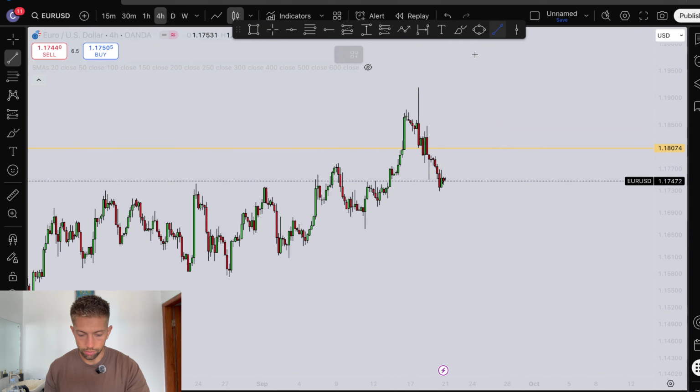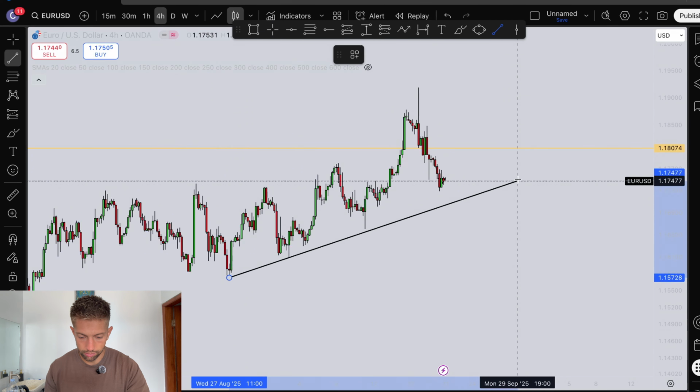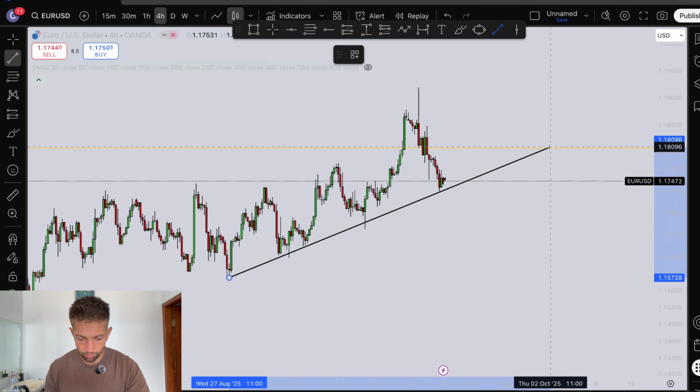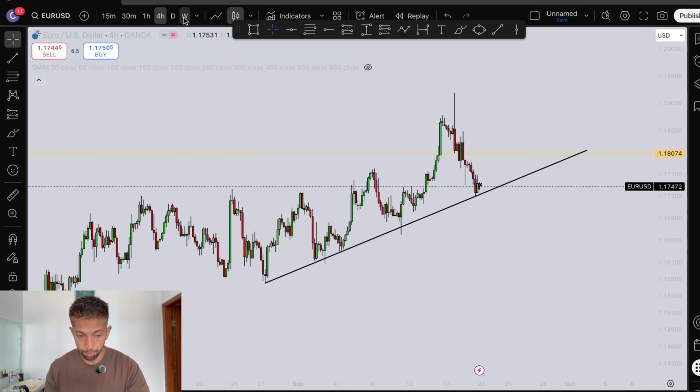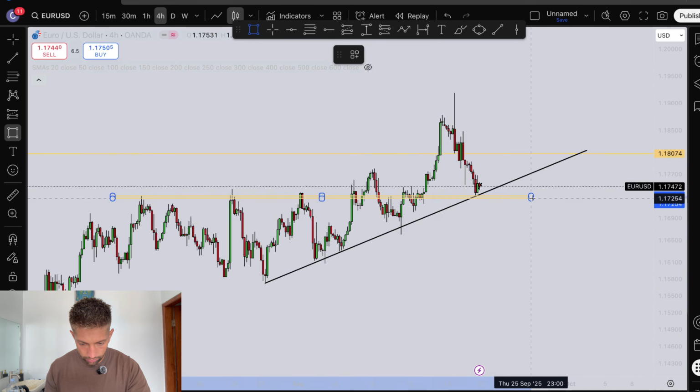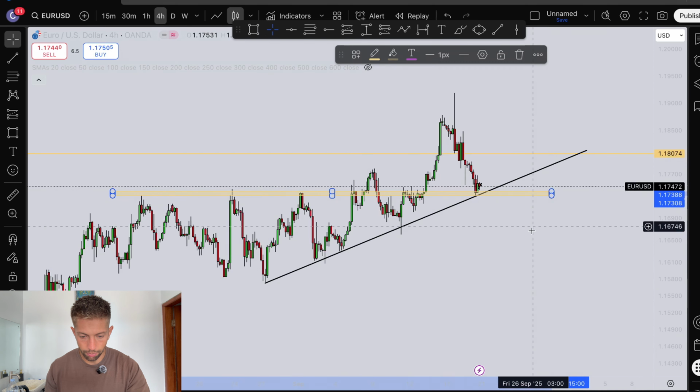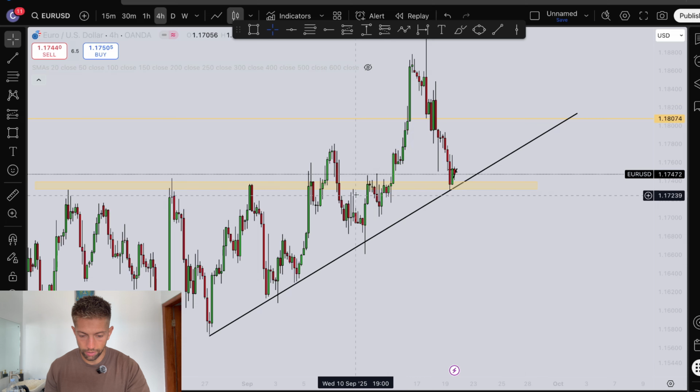But also, if you want to take a buy, we also got this trend line on EU. I'll draw it like this, and price can potentially bounce from it. And we also got this previous level, which I was saying I want to see price retest, which right now we got the retest. Okay, one touch, second touch, really strong level.